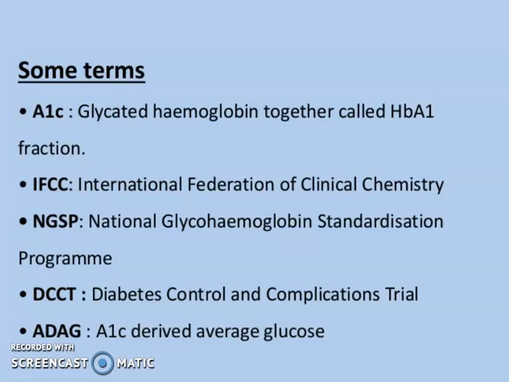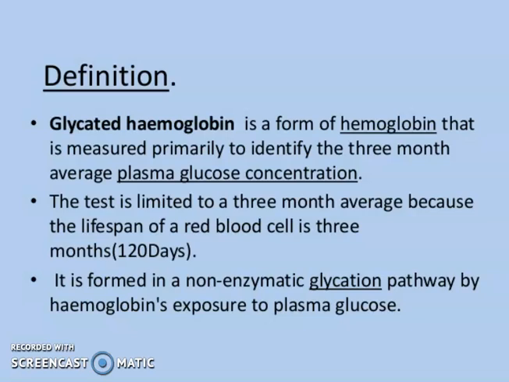Now A1c means glycated hemoglobin, together called HbA1. A1c is used to derive average glucose. Now, glycated hemoglobin means what? Glycated hemoglobin is a form of hemoglobin that is measured primarily to identify the 3-month average plasma glucose concentration.